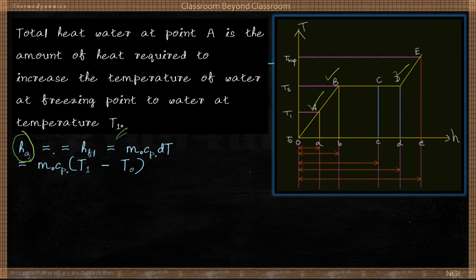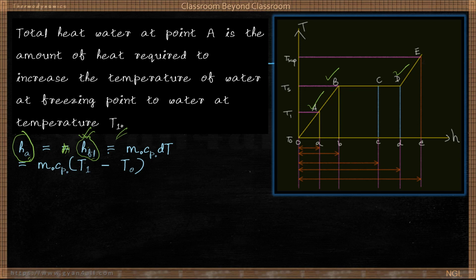Total heat is equal to what? This is generally represented by Hfl. F stands for fluid, FL stands for fluid. That means this is in liquid state. But if we write Hf, then it represents total sensible heat up to point B. Since this is below B, we will call it Hfl. That means below saturation temperature.